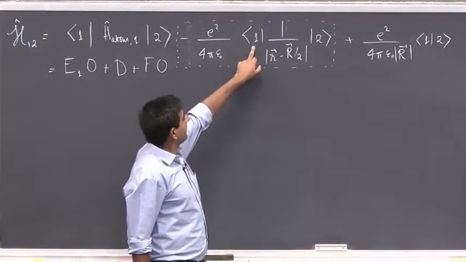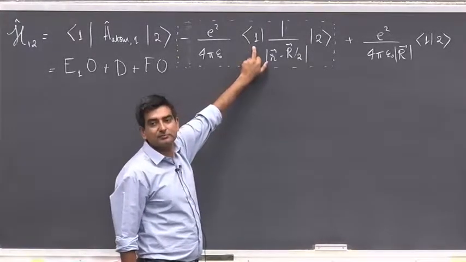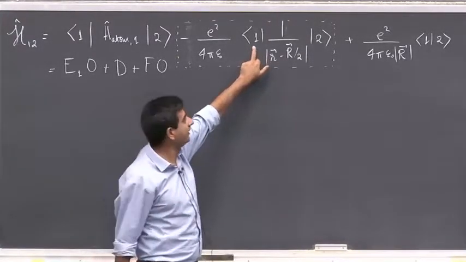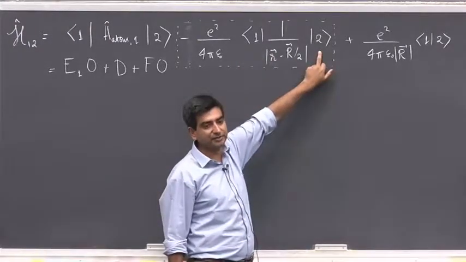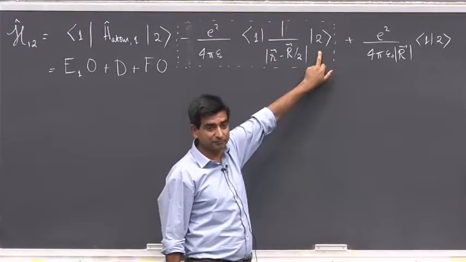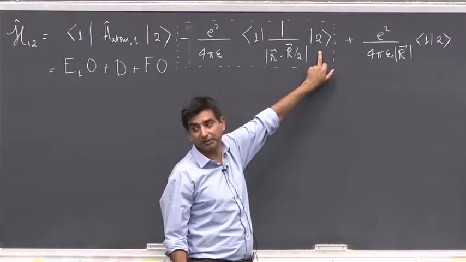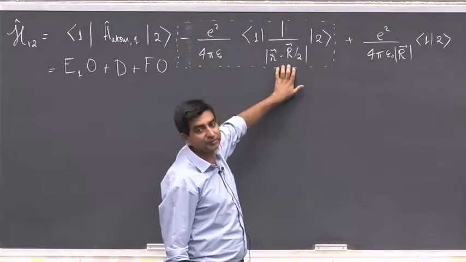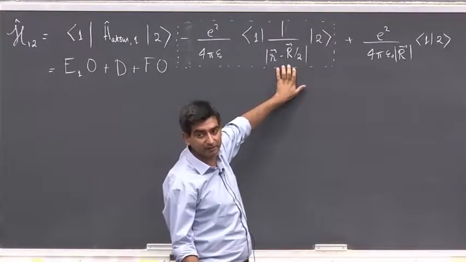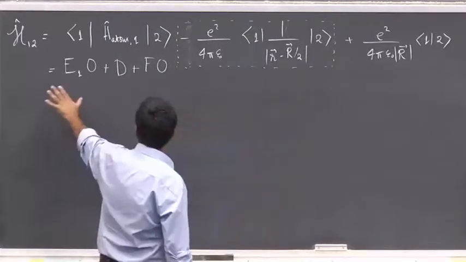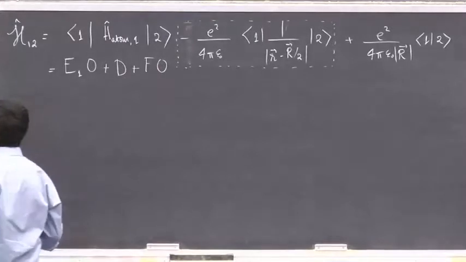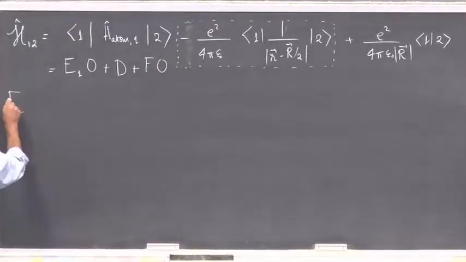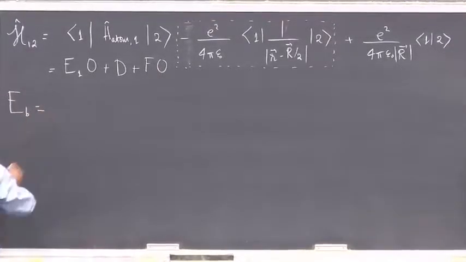It's an overlap between an electron being attached to nucleus A and an electron being attached to nucleus B, and then there is this distance in between. So it's kind of an overlap integral. Now you have these terms over here, and if I would like to find out the energy of the bonded state, EB, the energy of the bonded state is given by this.